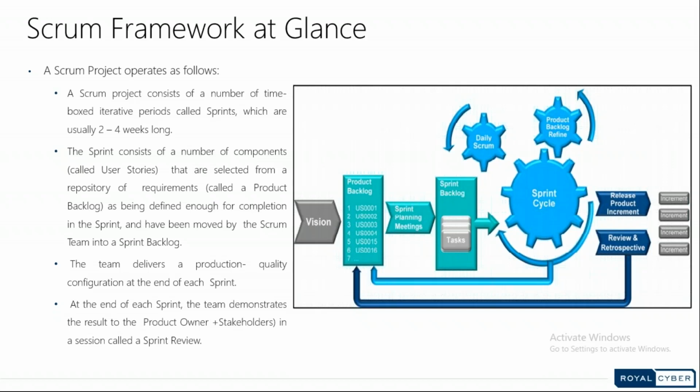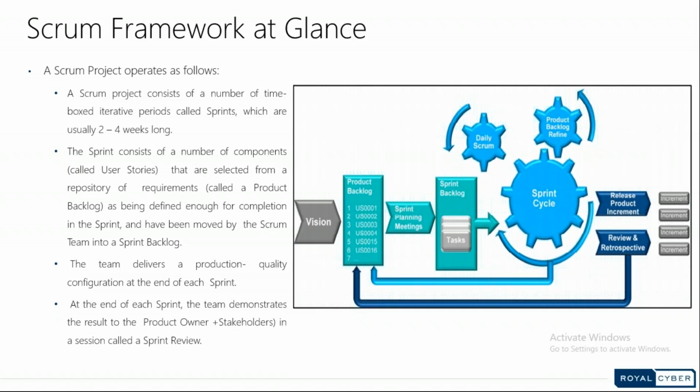Initially the business user or business analyst comes up with the product backlog, which contains components called user stories. Once we have a product backlog, we go through sprint planning and refinement of the stories, and then come up with the sprint backlog, from which the team picks up the stories and starts developing them. This is where the iteration process starts.